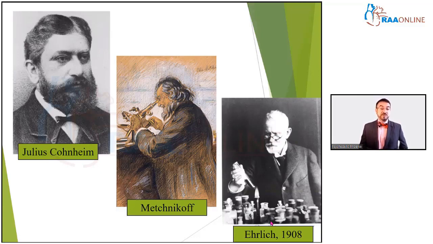Phagocytosis by macrophages is an aspect which I'll probably discuss a couple of lectures after today. And Paul Ehrlich found out that plasma and serum factors play an important role among the various chemical mediators in inflammation. Later in 1908, he won the Nobel Prize for his discoveries.